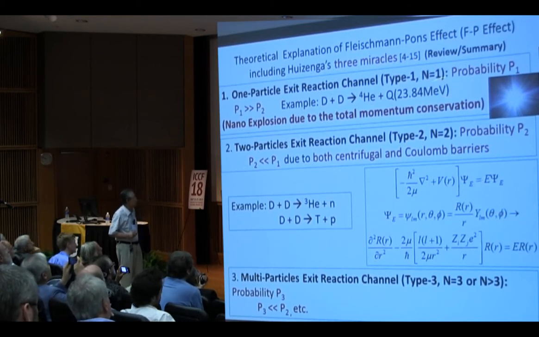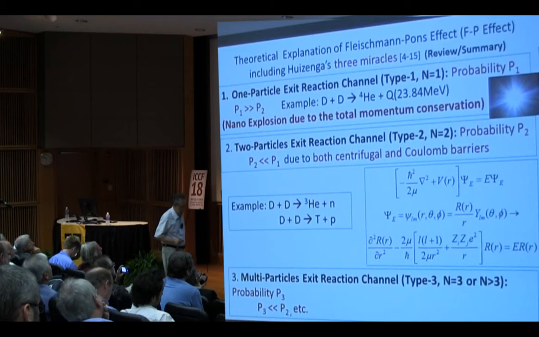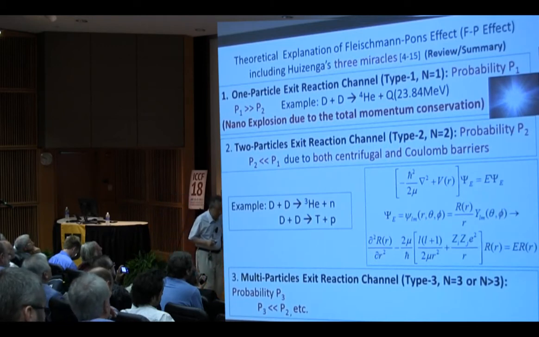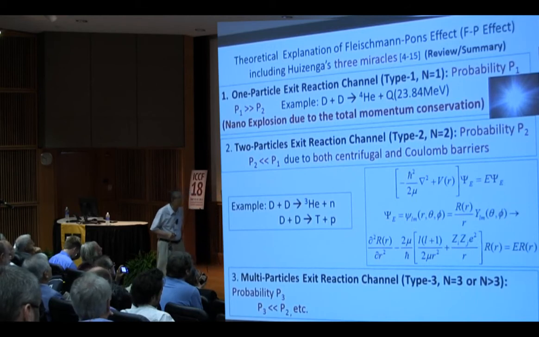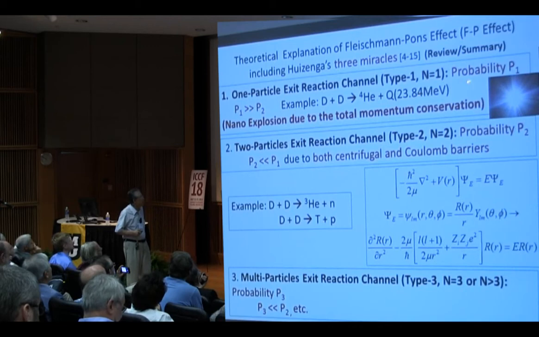So I just summarize what our theory is doing. The theory was developed to explain the Fleischmann-Pons effect. That's the main purpose until this hydrogen-nickel thing came along. And so we did develop a theory.